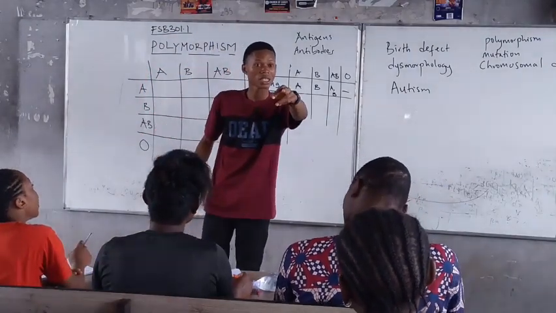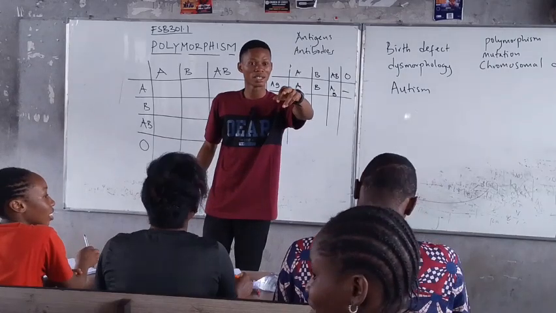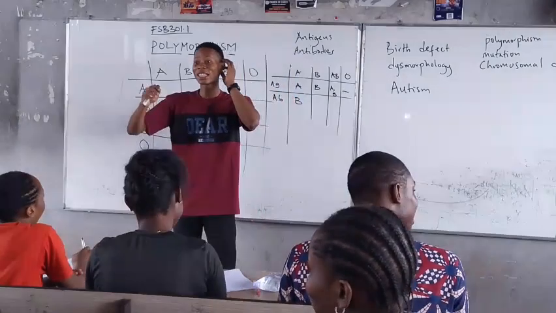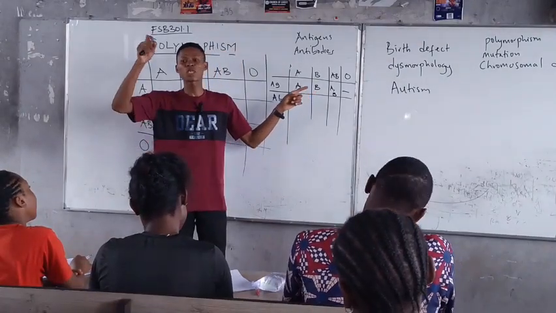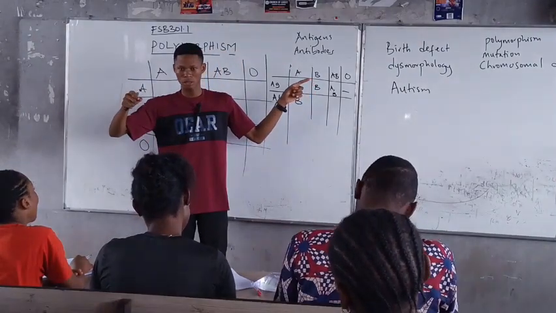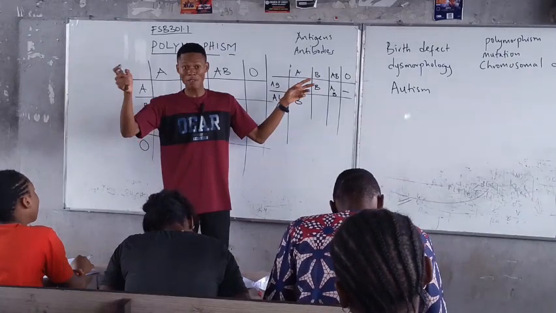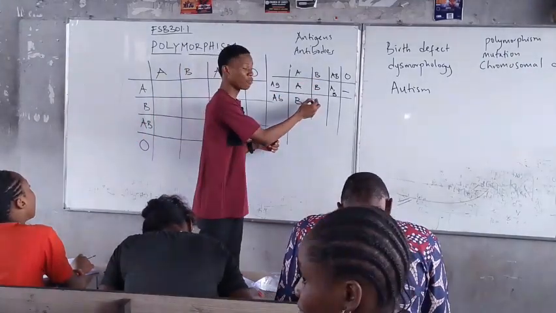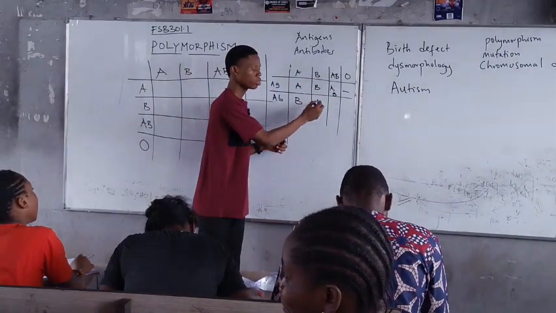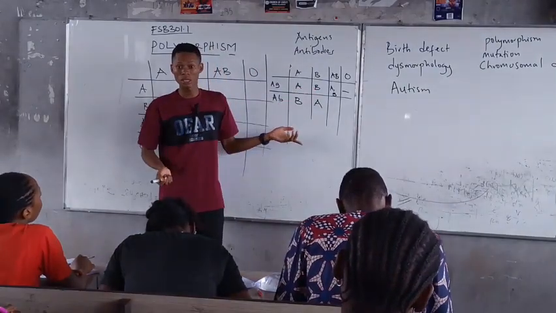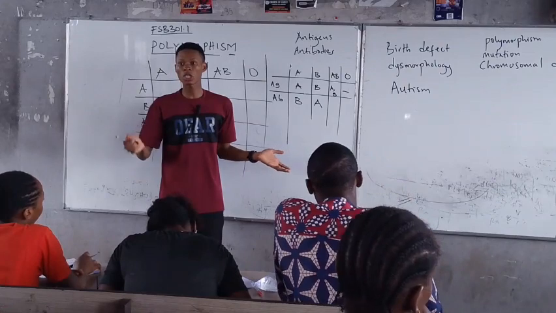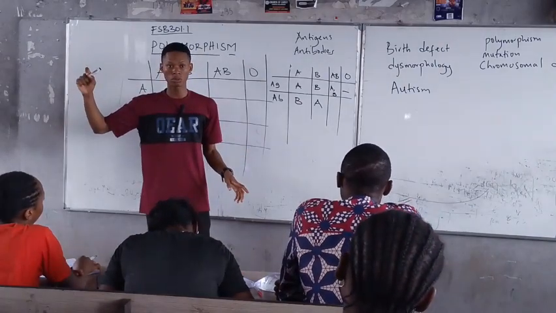Antigen B, right? Good. Can this person have antibody B? What antibody can he have here? Good, antibody A. Because antibody A cannot fight against antigen B. It's impossible, because antibodies are specific in action.